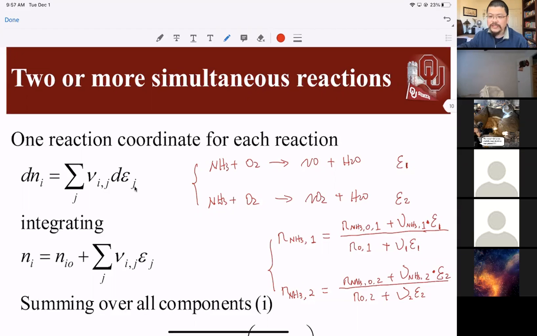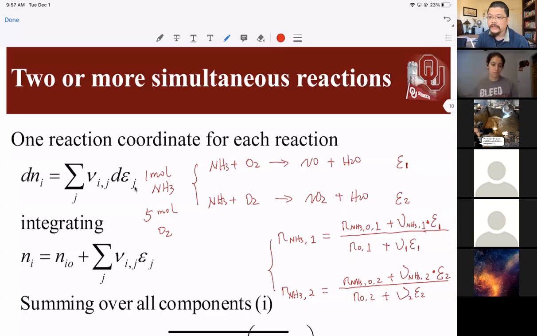You may have the question that how do I know the distribution? If I start with 1 mole ammonia, let's say 5 mole of O2, how do I know the distribution of the ammonia?